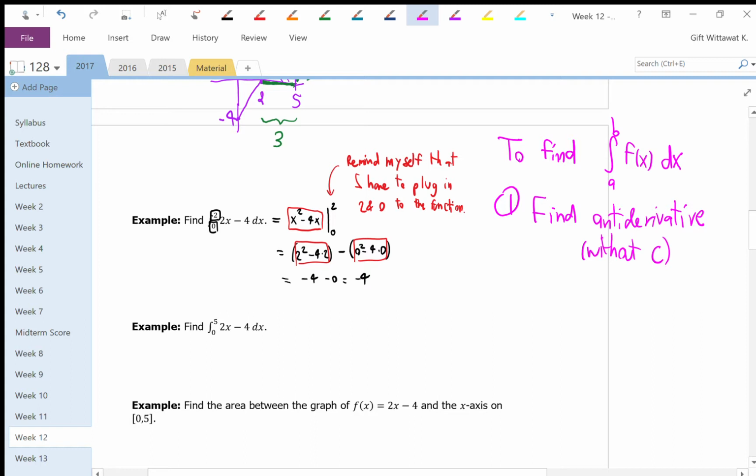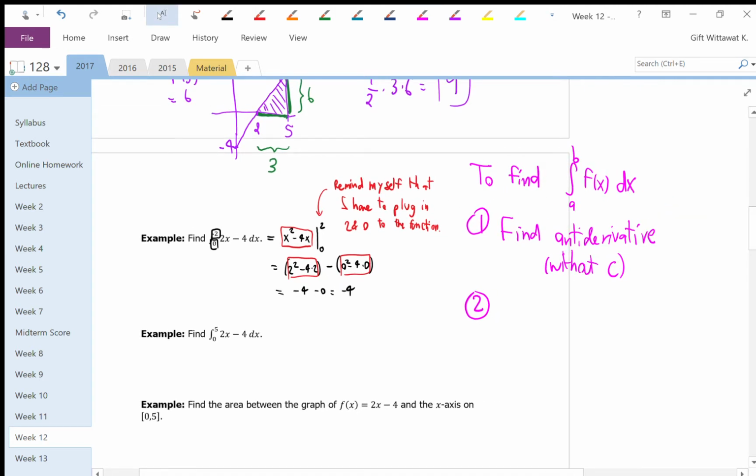And in this case, it's okay to do the antiderivative without the c. And second, let's say your antiderivative is the big F function. When you have the antiderivative, you change the integral sign of a to b into the vertical bar of a to b, kind of like what we did here.